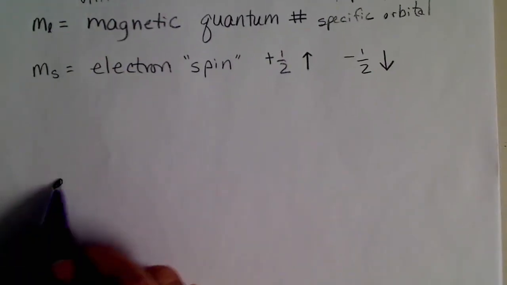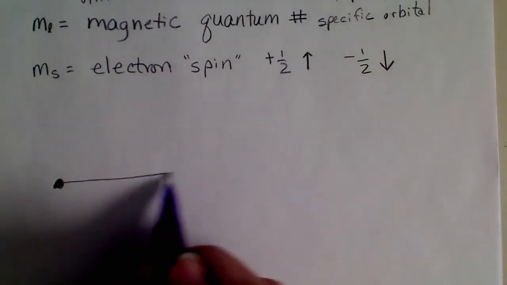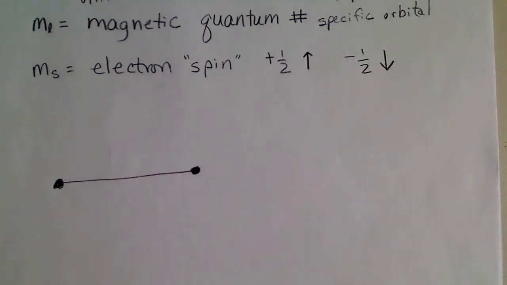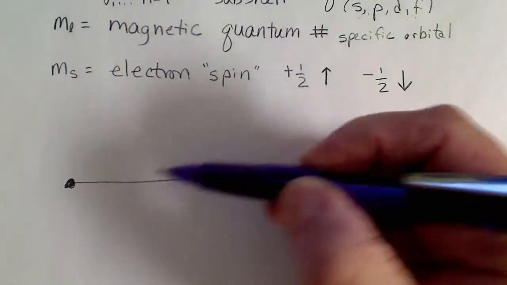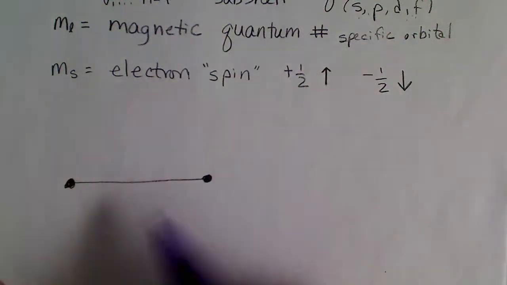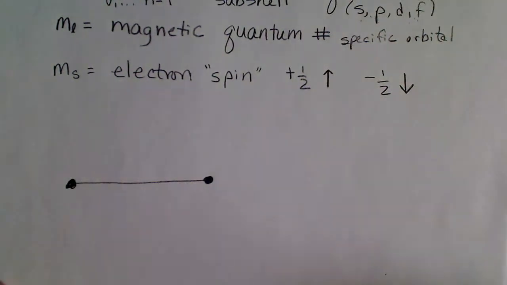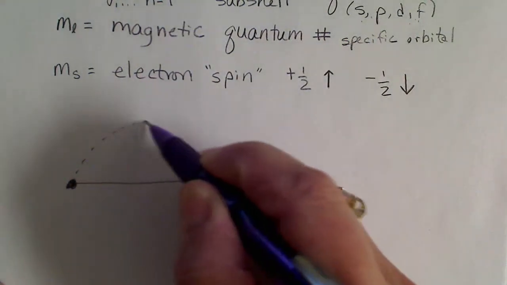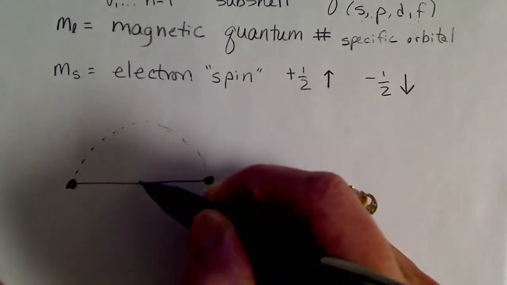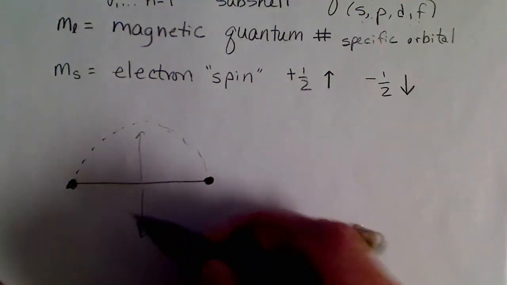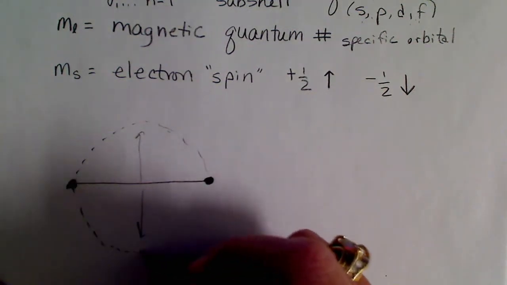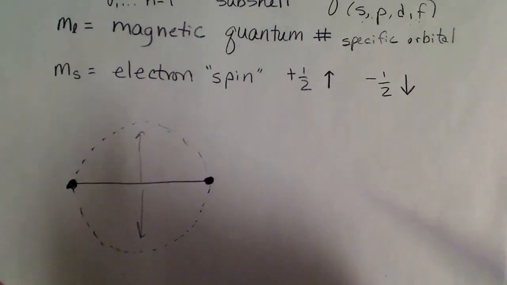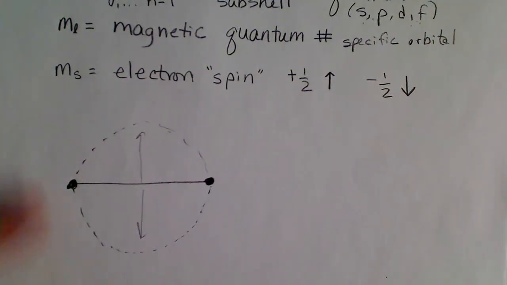So if we have a string fixed in position, maybe this could be a guitar string, and if we pluck the string so that it vibrates, the simplest situation would be the string just oscillates up and down. If I knew music terms, I would probably know the musical definition of that.